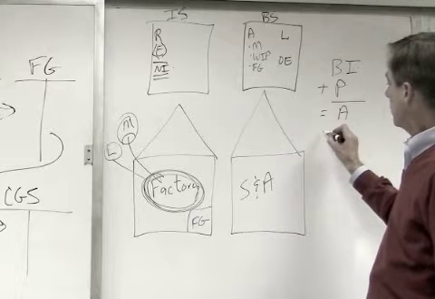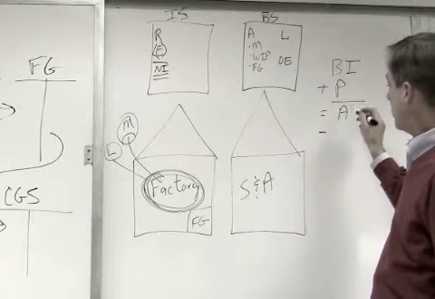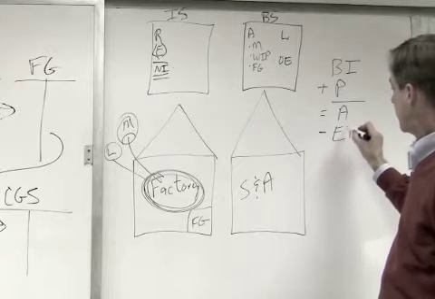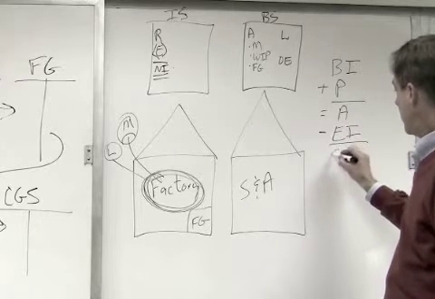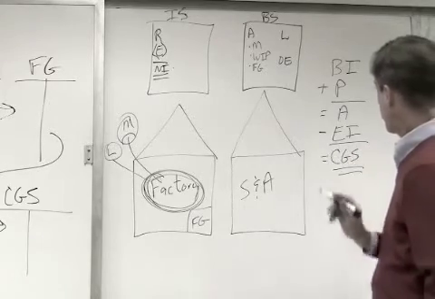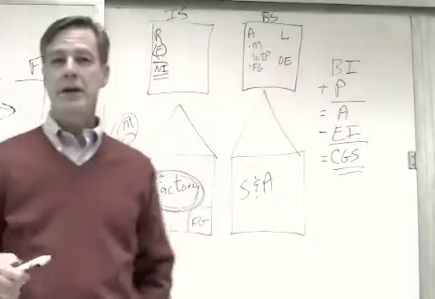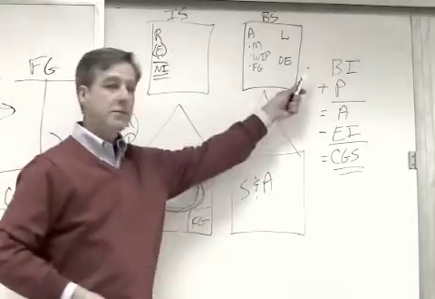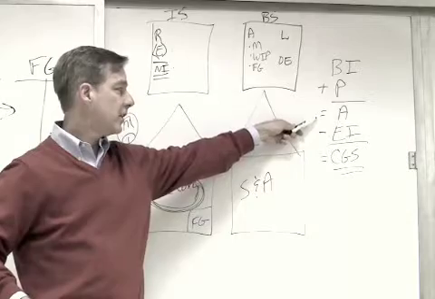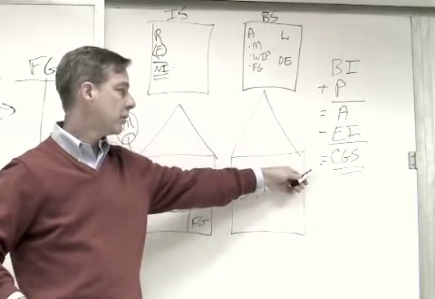And you learned that you subtract from the amount available for sale the ending inventory. And that gives you cost of goods sold. So beginning inventory plus purchases is the amount available for sale, minus ending inventory is equal to cost of goods sold.